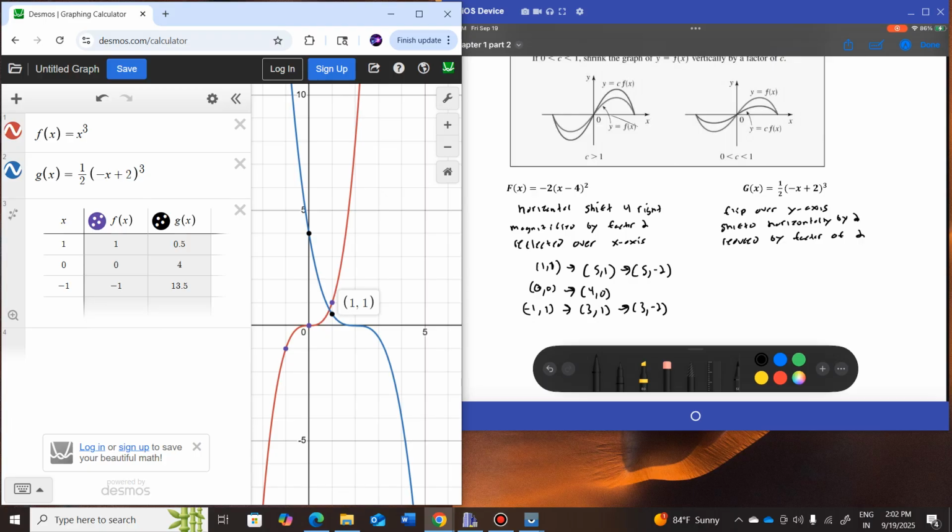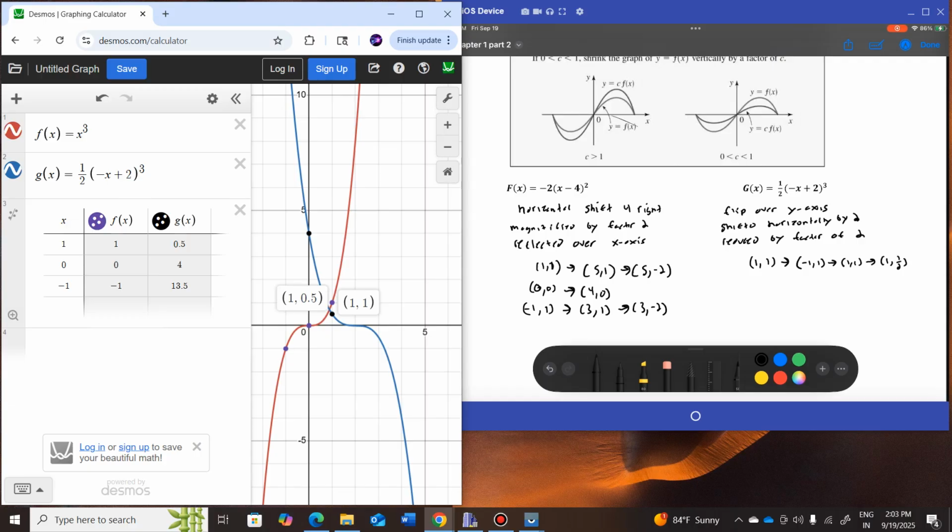Oh, it's reflected across the y-axis, and then it's reduced. So went 2 units to the left, then reflected across, then reduced down. Okay, and so it goes from 1, 1 to -1, 1, which then flips it back across to 1, 1 again, and then it's reduced down to 1, 1/2.